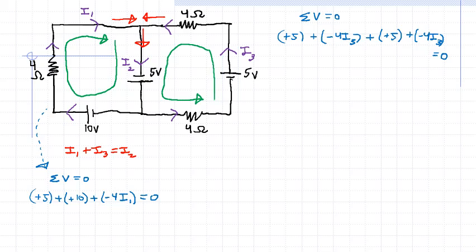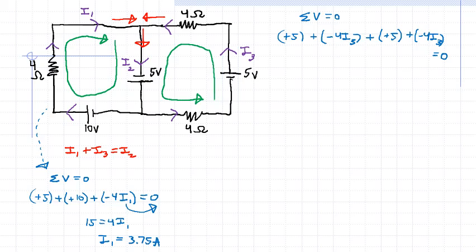Over here, we should get positive 5 plus negative 4I3 plus positive 5 plus negative 4I3. And so those are our three equations. At this point, I want you to go ahead and see if you can figure out the current in all three using these equations, and we'll go from there. So go ahead and pause the clip and do that, and when you're ready to check, you can hit play to continue.